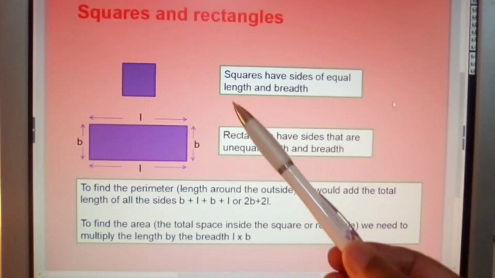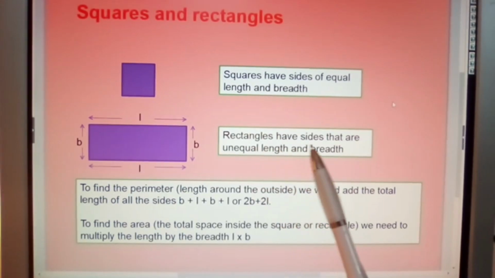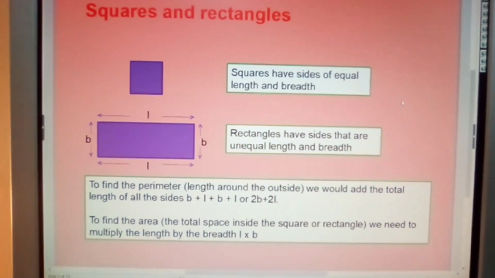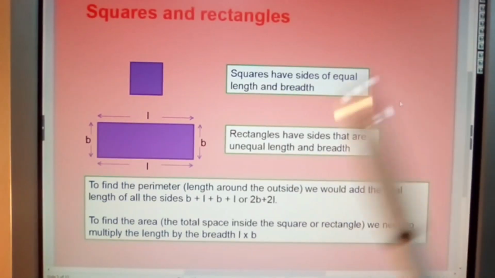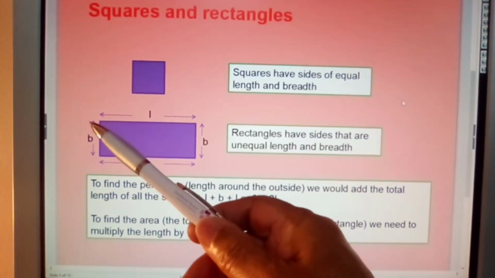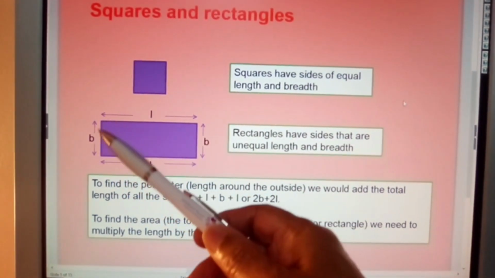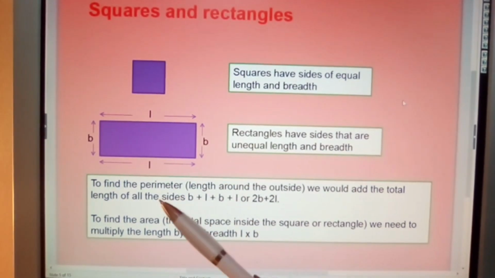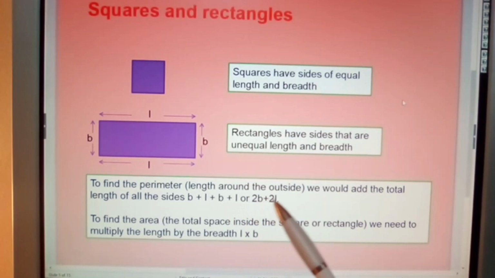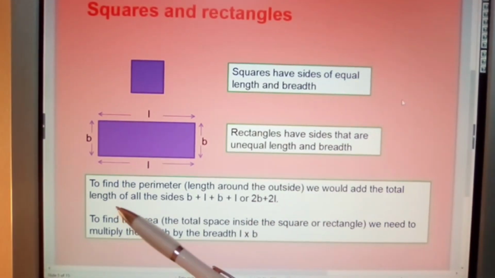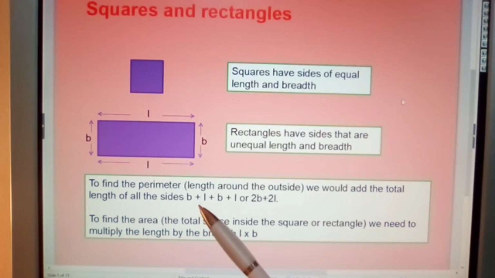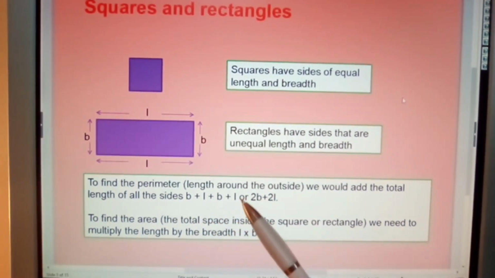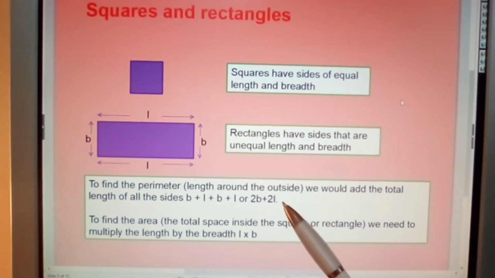Squares have sides of equal length and breadth. Rectangles have sides that are unequal length and breadth. To find the perimeter, and remember what the perimeter is, the area outside any object or field, we would add the total length of all the sides: b plus l, plus b plus l, or 2b plus 2l.